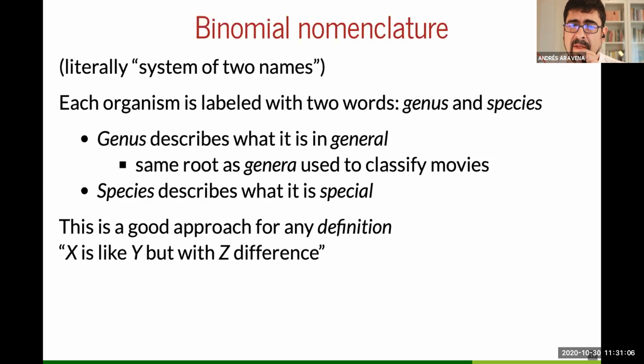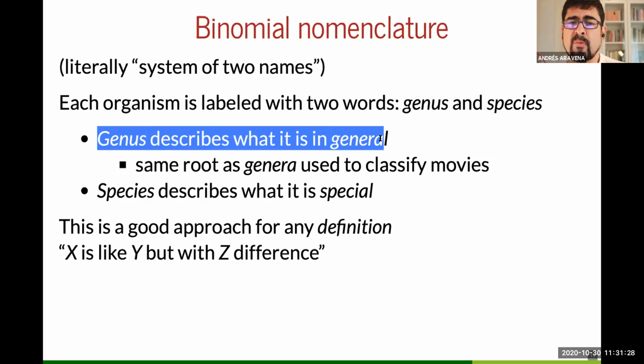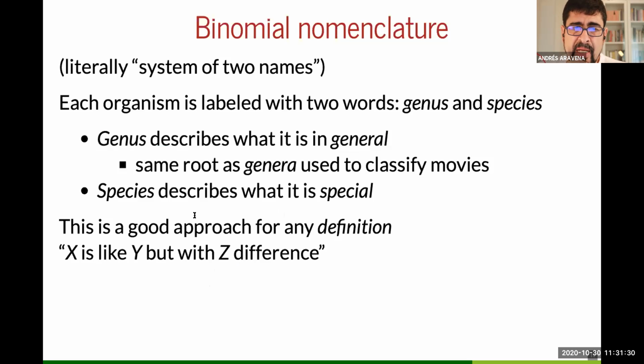I always use this example about Australia, because when people tried to classify animals there, they had the problem that this new thing they had not seen before is very much like something they knew, but with some difference. The thing they have in common is the genus, what they have in general. And the thing that is special is what makes a species. The specialization is what makes a species. Okay.